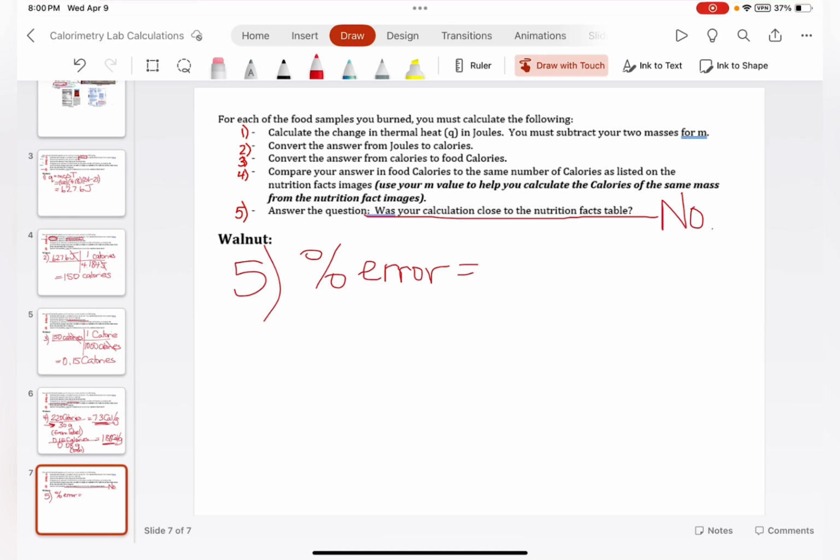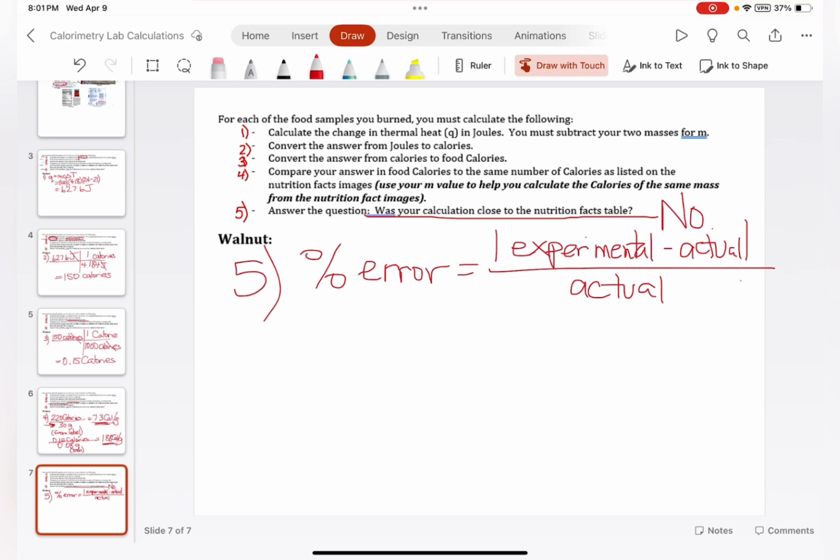So a percent error is the absolute value of the experimental value minus the actual, absolute value, divided by the actual. Don't forget when you're doing a percent, it's times 100. I'm a little out of room here, but that times 100 should be beside this whole thing, okay?